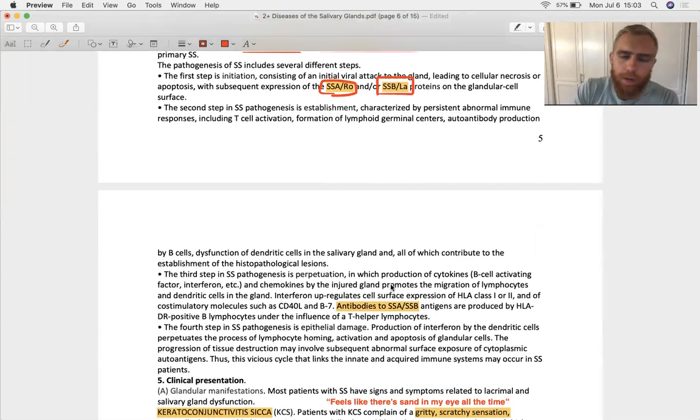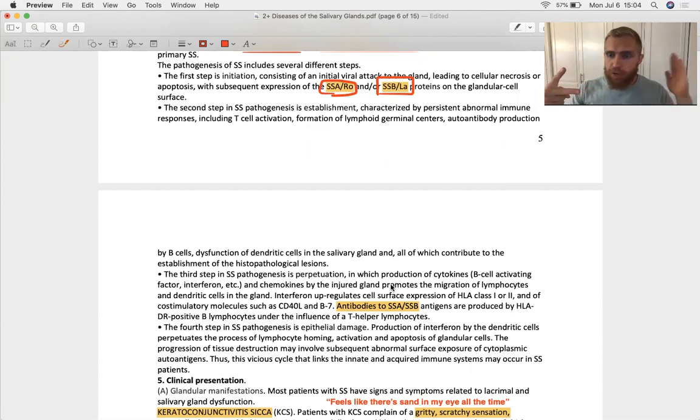And these antibodies are going to be the immunoglobulins, right, that are binding to cells of the salivary glands and attracting lymphocytes to those salivary glands. So that's what this pathogenesis is saying: somehow, some way, you start making these antibodies.